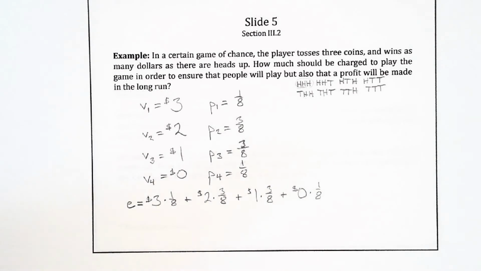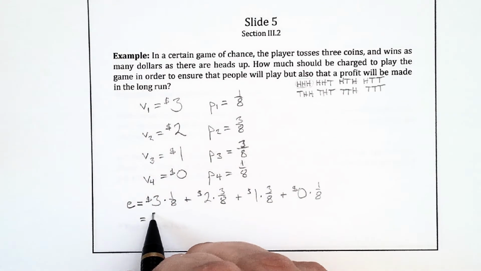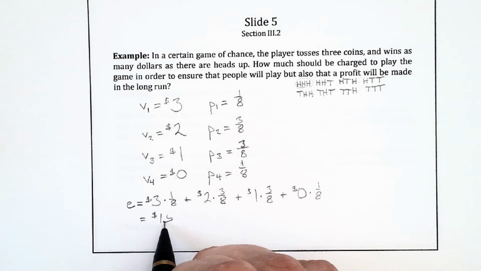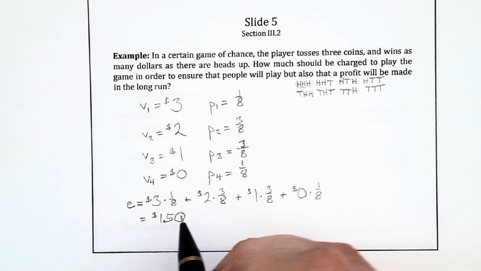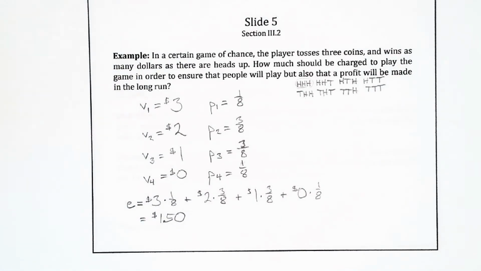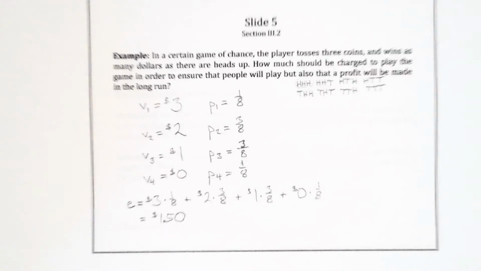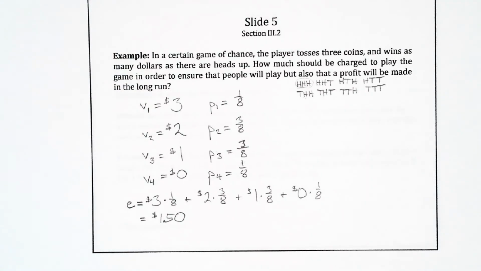So let's see, we have 3 plus 6 plus 3 plus 0 divided by 8, and I get 1.5. That's $1.50. Okay, yeah, maybe we could have expected that just from symmetry, but that's fine. We use the formula, we find, yeah, it's exactly $1.50. That's the expected value.